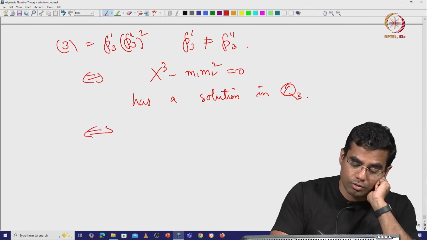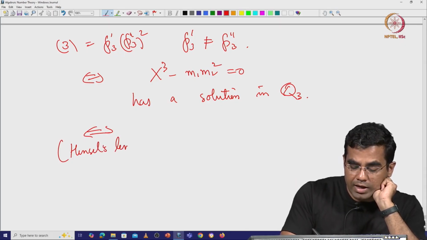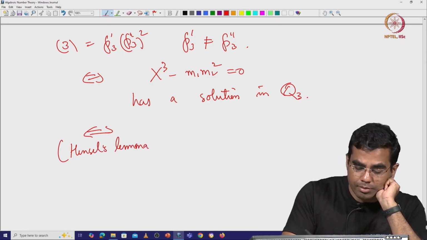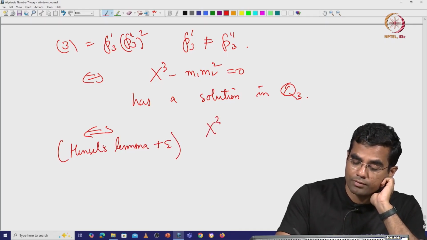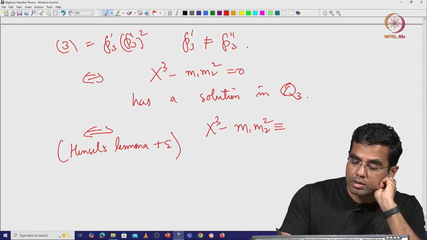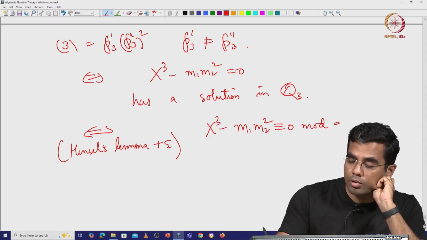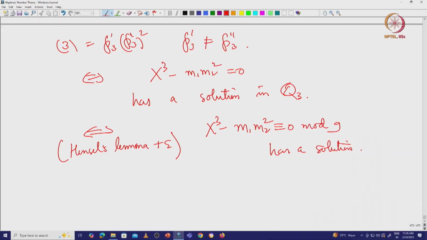In any case, when does this have a solution? This is almost like Hensel's lemma, but a slight generalization of Hensel's lemma that we proved earlier. So, this is if and only if x cubed minus m1 m2 squared congruent to 0 mod 9 has a solution. And when does this have a solution?